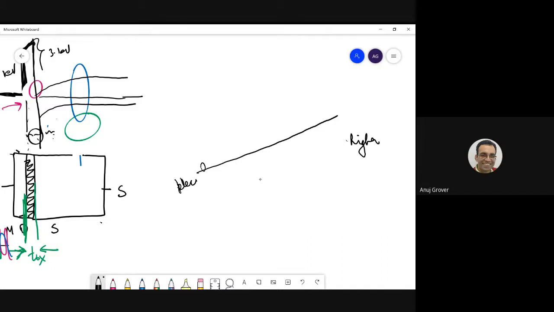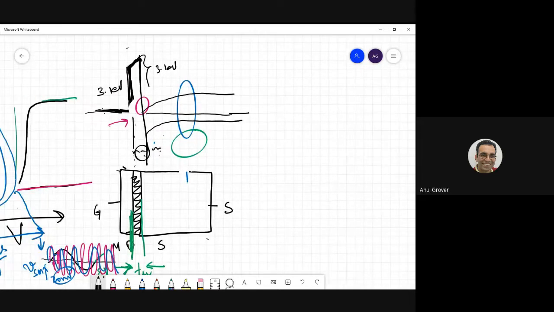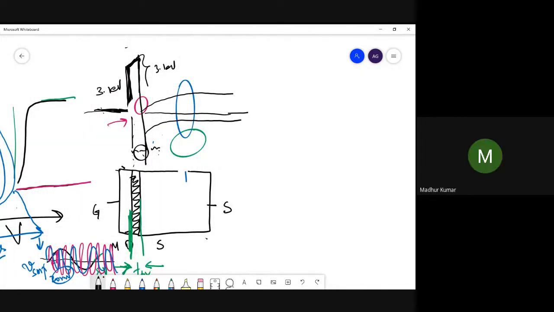An electron that comes here will naturally drift there. So electron flow is necessary if there is a gradient. If the Fermi level has a gradient, then electron flow is implicit in it. We are saying there is no electron flow happening in a DC condition over here. So the Fermi level cannot change. The Fermi level has to be flat. Okay, sir. Got it. Thank you, sir.